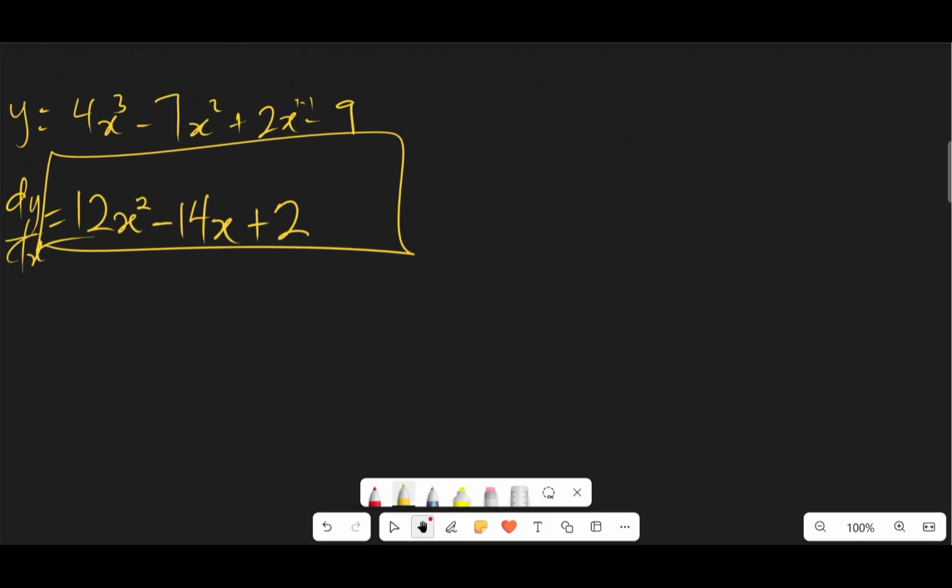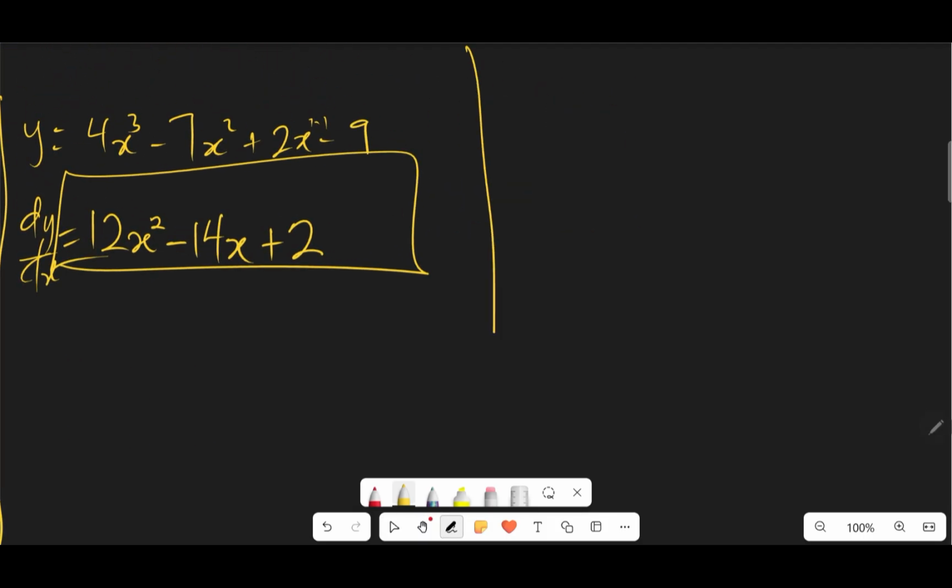Now, what happens when we have a negative power? It follows the same idea, but let's look at it. We have y equal to x to the power minus 2, and we are finding dy dx. So we multiply the minus 2 by the x and get minus 2x.